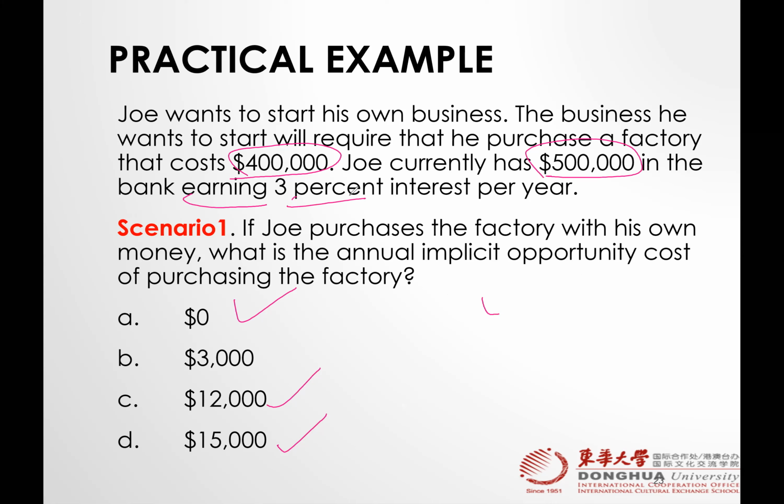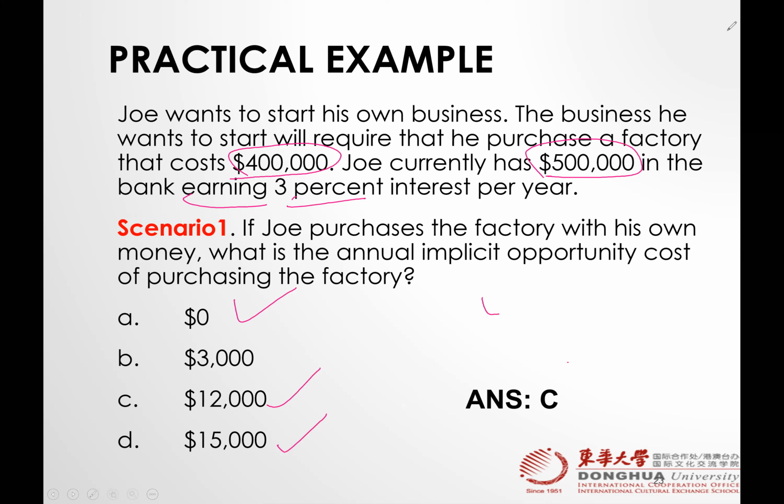If Joe purchases the factory with his own money, what is the annual implicit cost of purchasing the factory? If your answer is C, then you are in good shape. And why is the answer C?